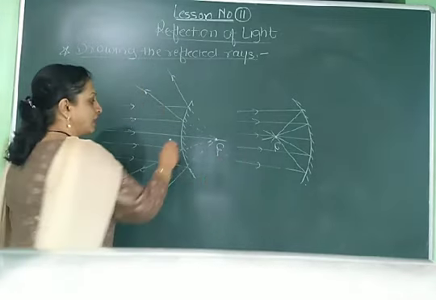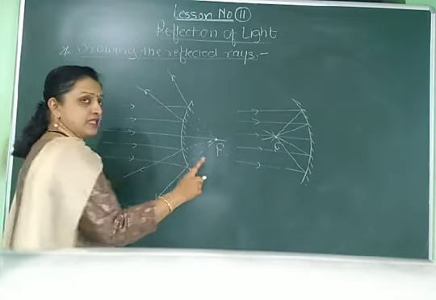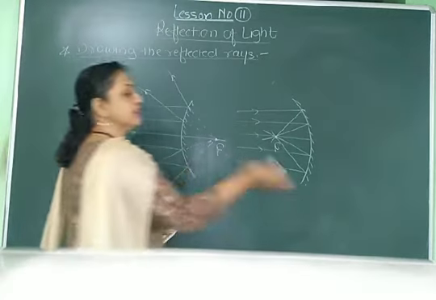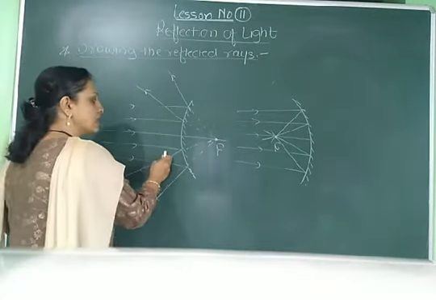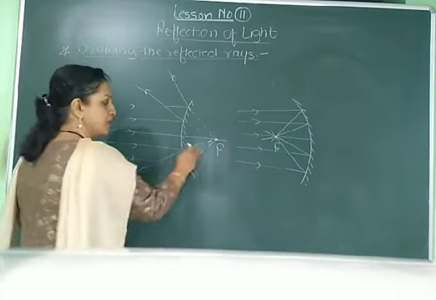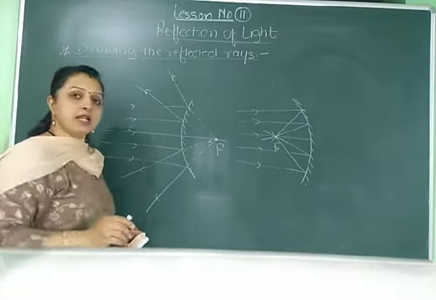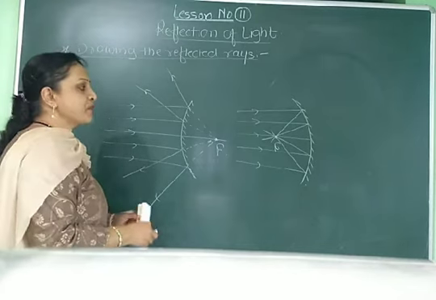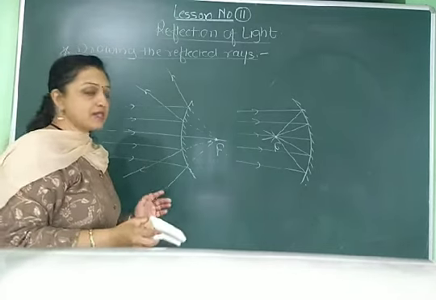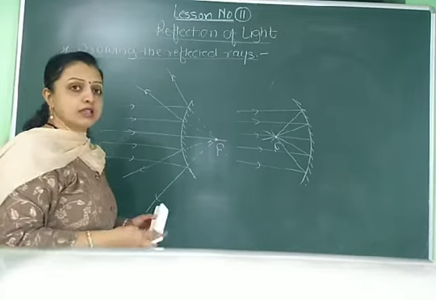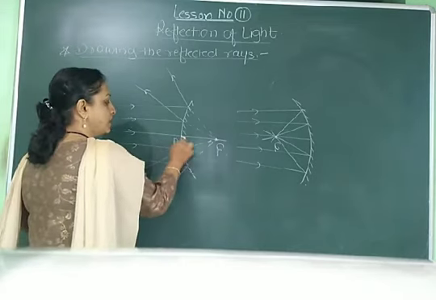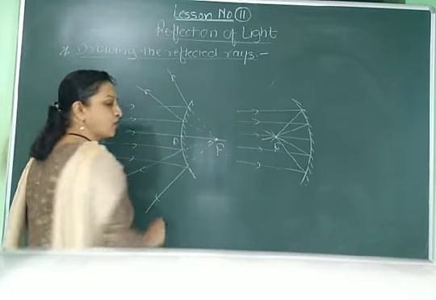One more difference is that in the case of a concave mirror, the principal focus is in front of the mirror, and in the case of a convex mirror, the principal focus is behind the mirror. This is the main difference between these two. The last term that we have studied is the focal length. Focal length means the distance between the pole and the principal focus.